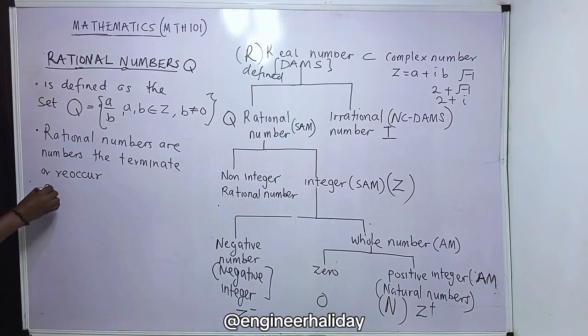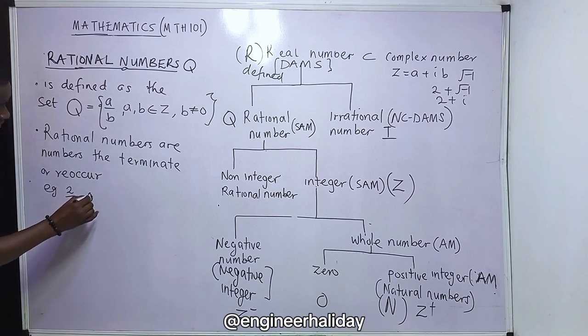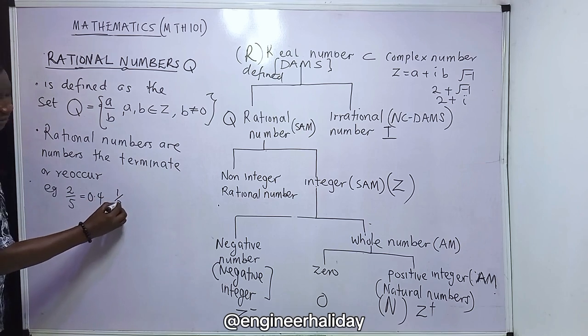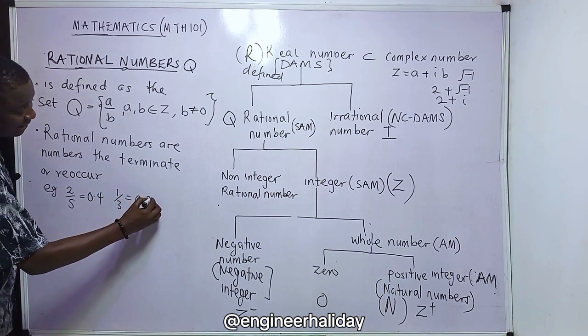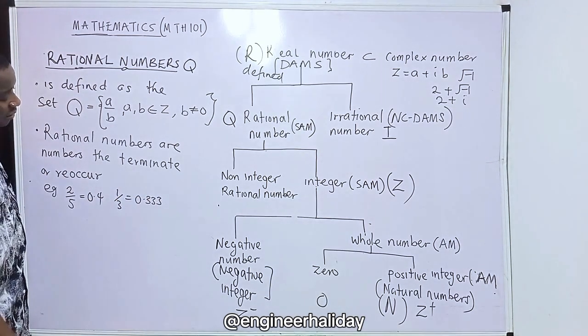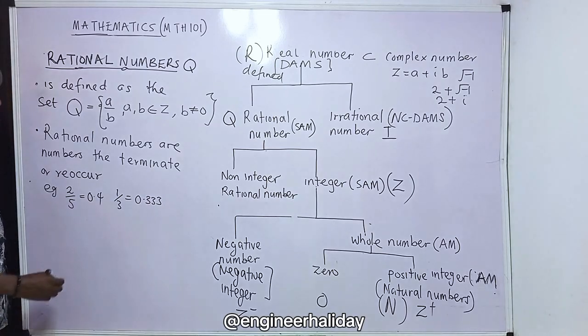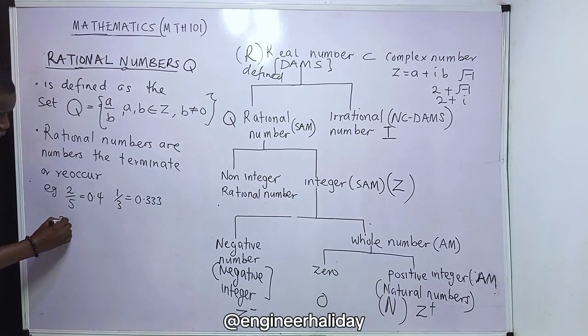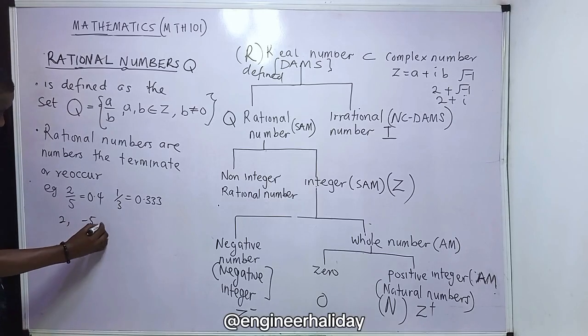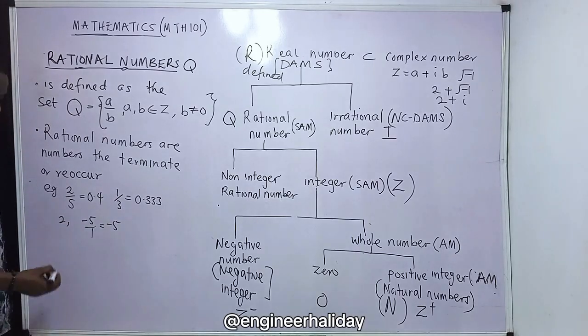For example, let's say we take 2 over 5. 2 over 5 is 0.4. This is a terminating number. Let's say 1 over 3 is 0.33333 like that, and so forth. Minus 5 over 1 is equal to minus 5; it's a rational number.